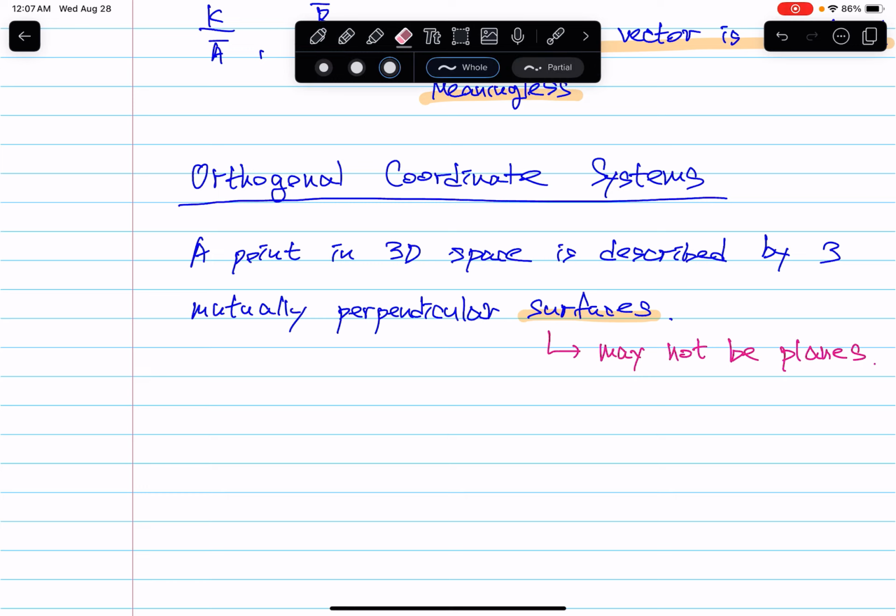Okay, so we call this a_n1, a_n2, a_n3. These are called base vectors.